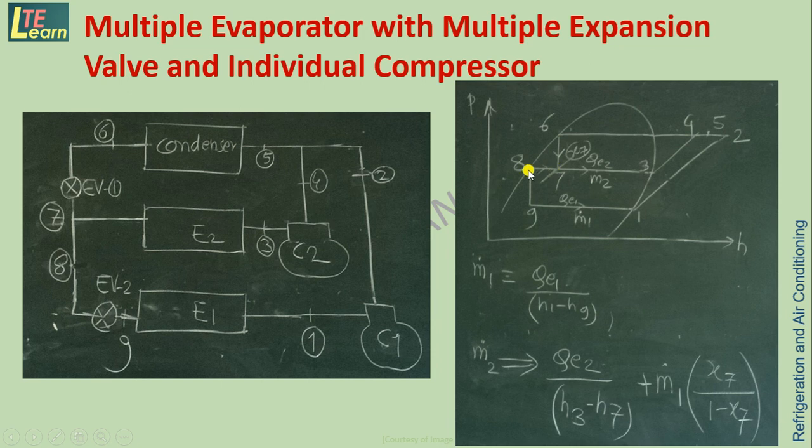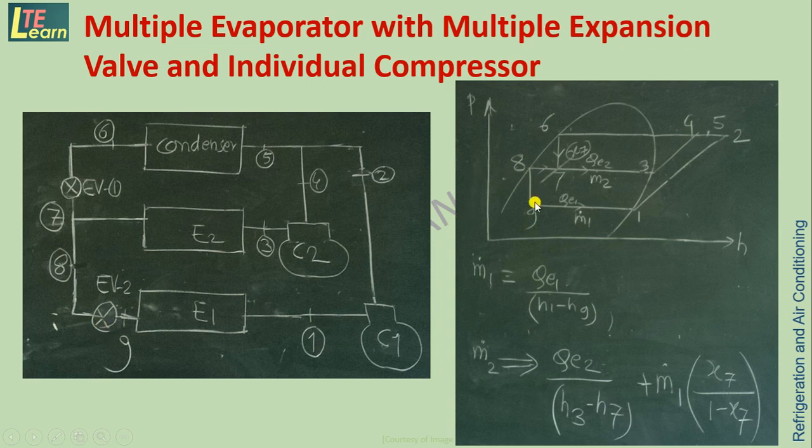So 7 to 8, this is a part of liquid refrigerant which is coming and going through expansion valve 2 in process 8 to 9.